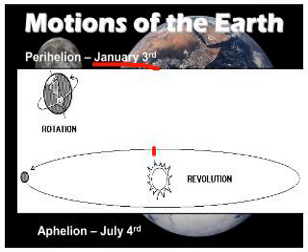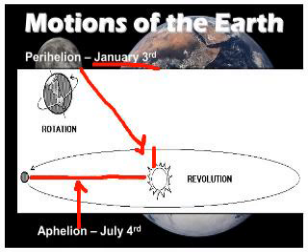So it would be like from here to here is perihelion, and aphelion is July 4th, and that would be right here. Aphelion is when the Earth is farthest away from the sun. Perihelion closest, aphelion farthest away.